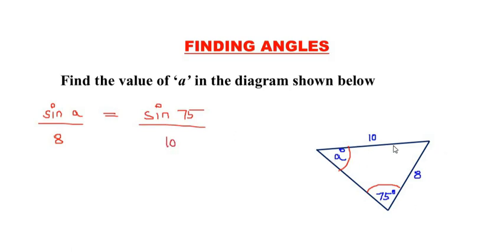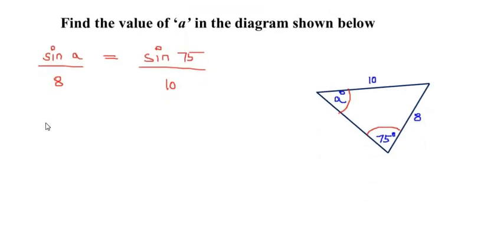As you can see, I have not named the triangle, so you can directly use it this way to save time. Since the third angle is not given and the third side is not mentioned, there is no need to take the sine C over C. Now again we do the cross multiplication. So it becomes 10 multiplied by sine A equals 8 multiplied by sine 75.